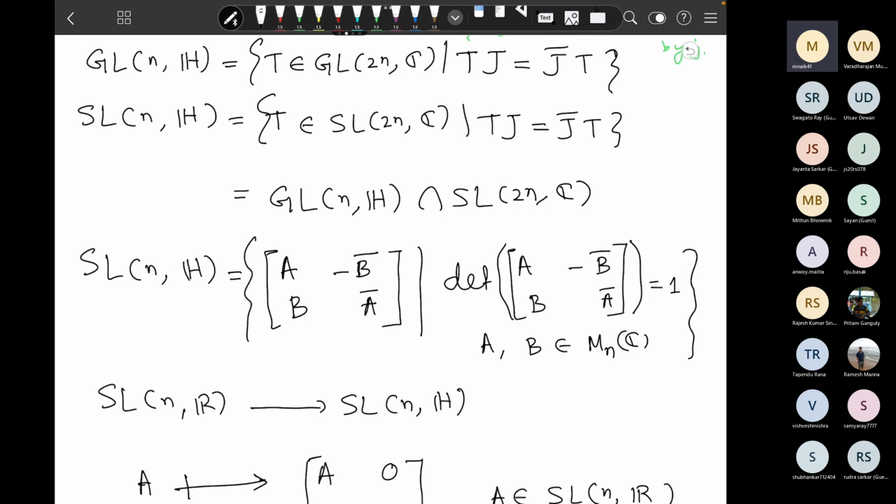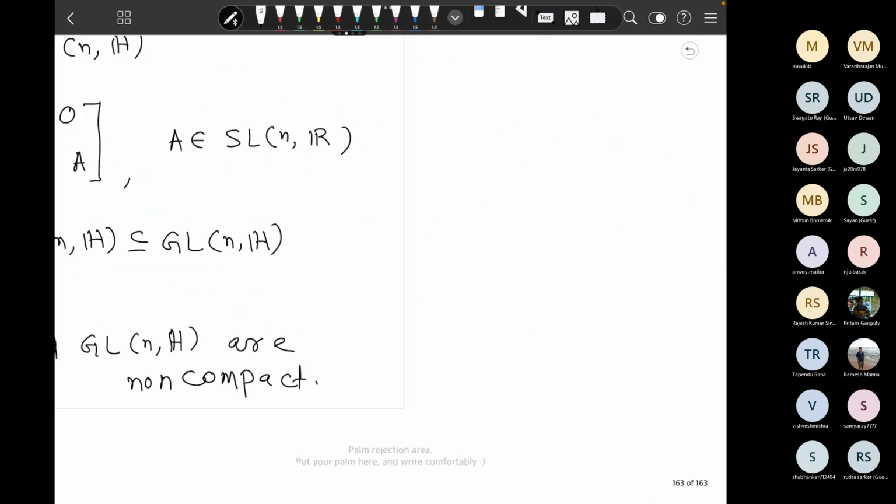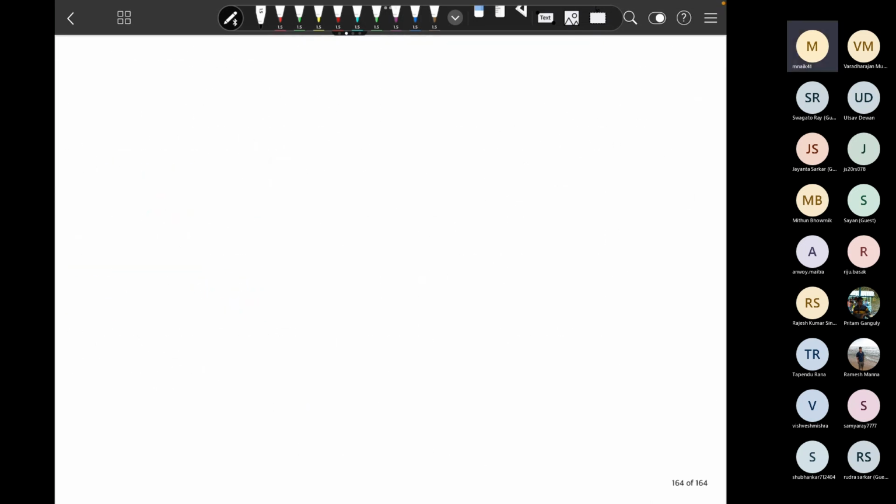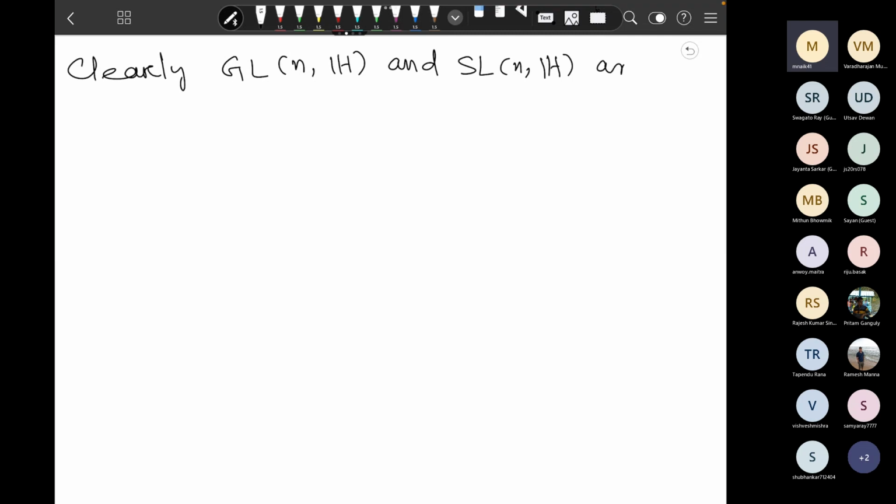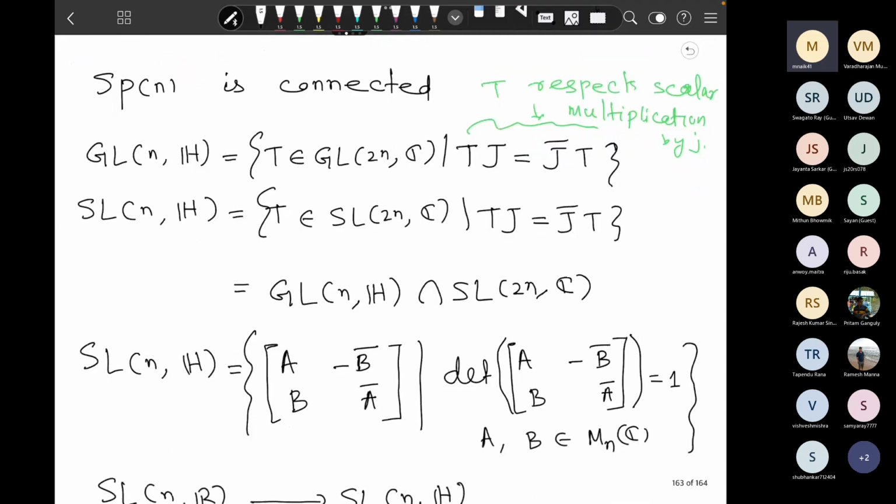One thing I also mentioned last time: GLNH and SLNH are pseudo-algebraic. If you recall, the polar decomposition lemma is over the field of complex numbers.